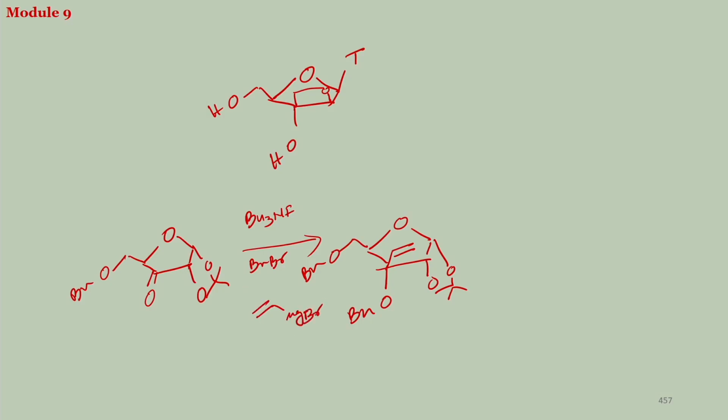Vinyl magnesium bromide is basically a Grignard reagent. How does a Grignard reagent react on a carbonyl carbon? This is the positive part, this is the negative part. So, this will attack here and open up the O minus. In order to stabilize the O minus, you can use the BnBr. So, it can take OBn here, that is how it will be formed.